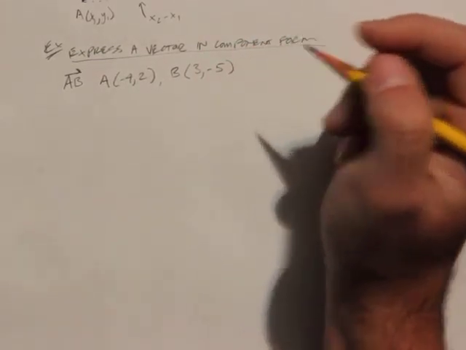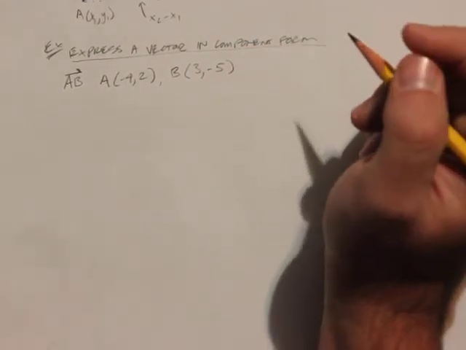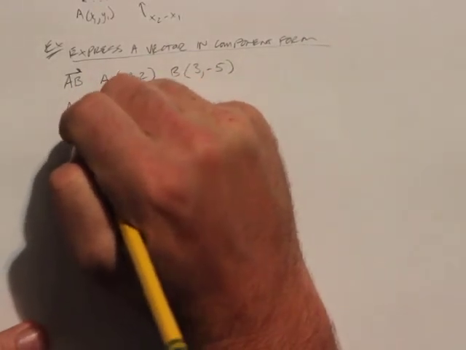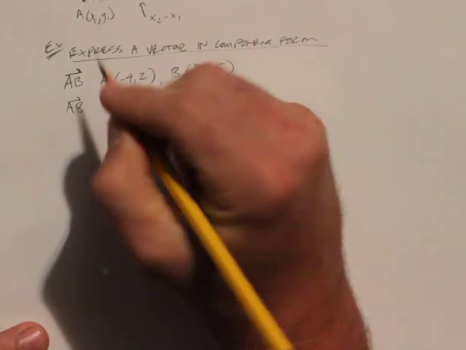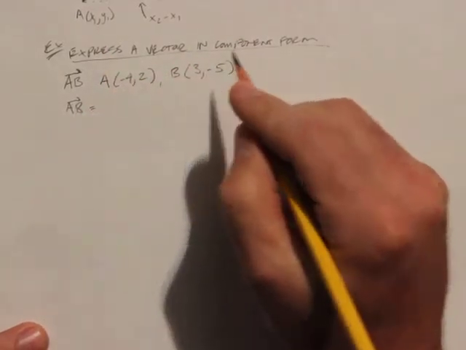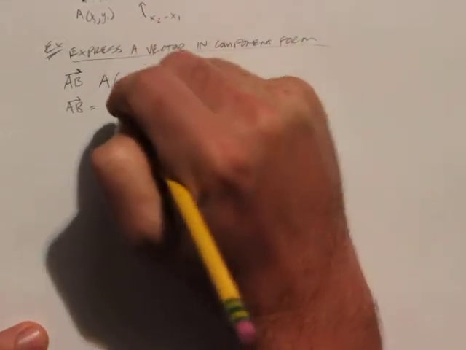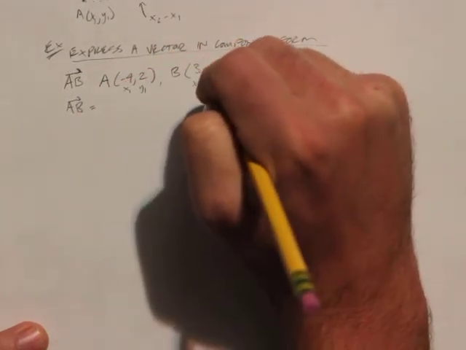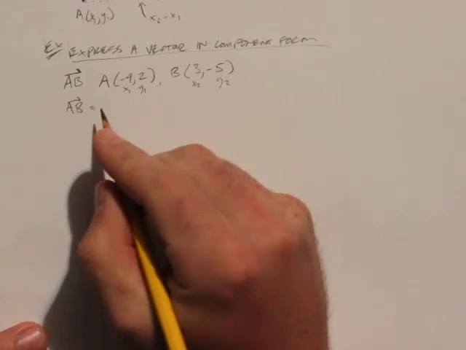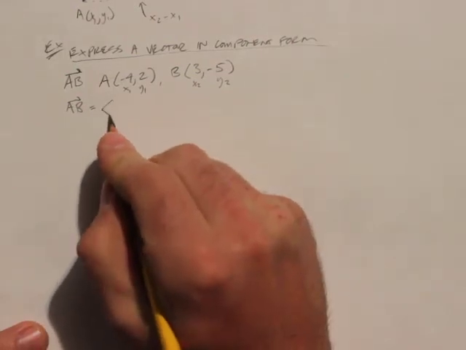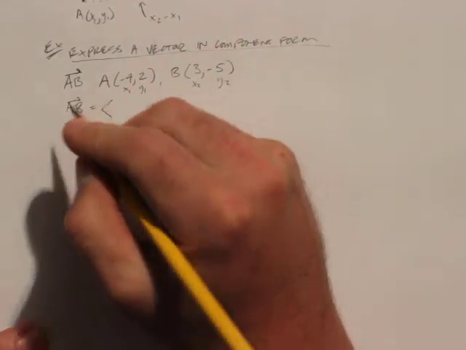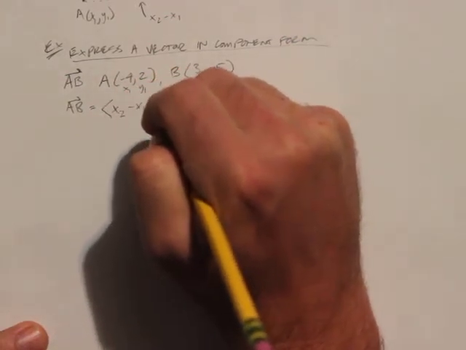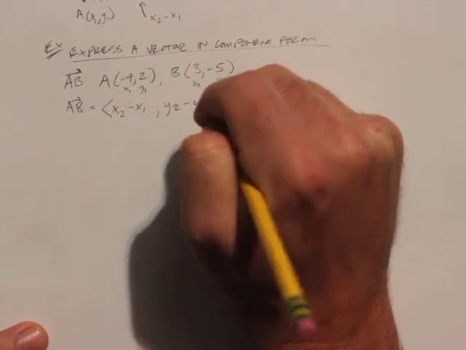So we're just going to express this in component form. Let me show you how we do this. The first thing I do is I label my points. Sounds familiar, hopefully. x1, y1, x2, y2. And so my component form I've already written down: x2 minus x1, y2 minus y1.